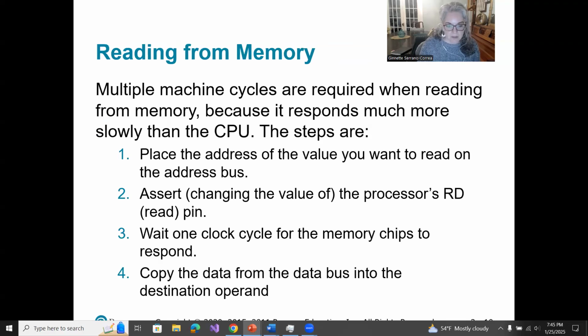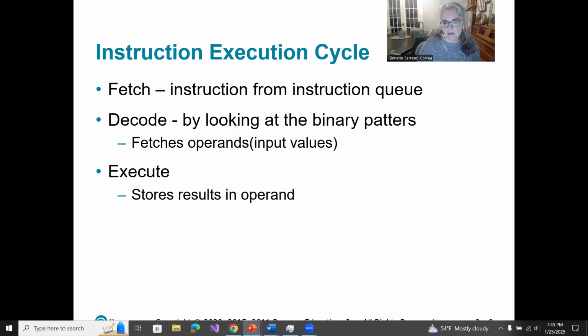I don't have it here on the slides, but in your book, it has all the different steps. So make sure that you review that and try to understand the 3 steps. We'll be talking again about the instruction execution cycle throughout the whole entire semester. For now, you just need to know these steps.